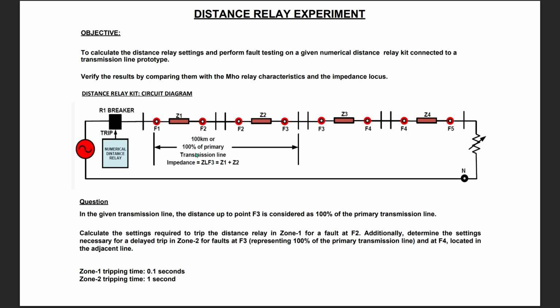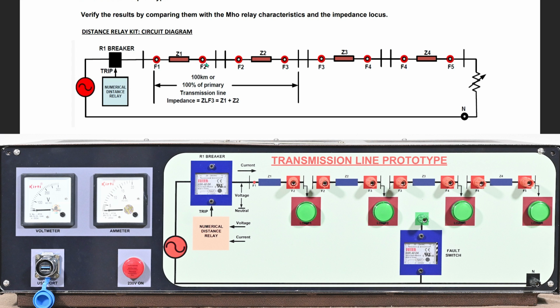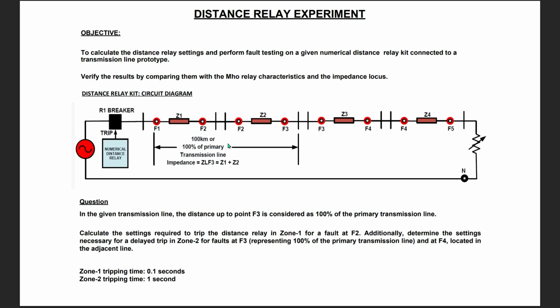The figure shows the circuit diagram, which is the same as that in the relay kit, which consists of 4 impedances Z1, Z2, Z3 and Z4. One question is taken to demonstrate the experiment with the help of the software and hardware.